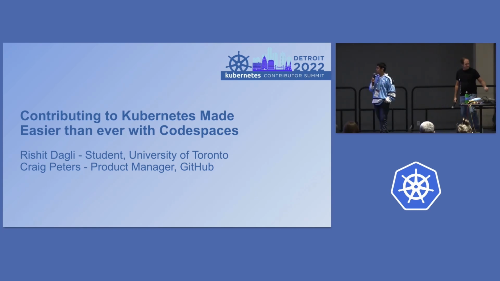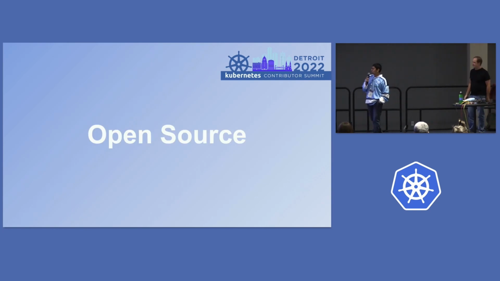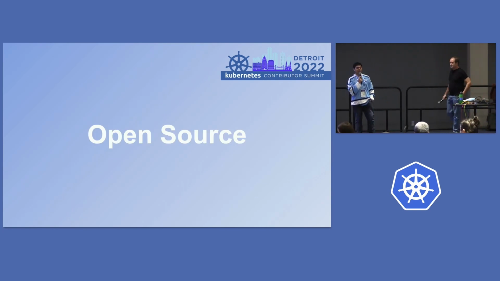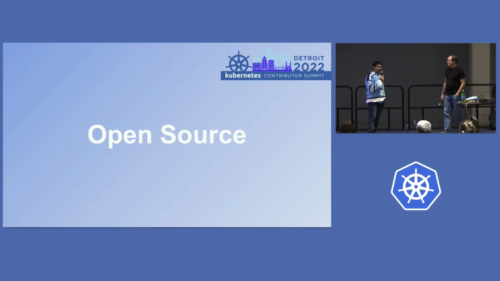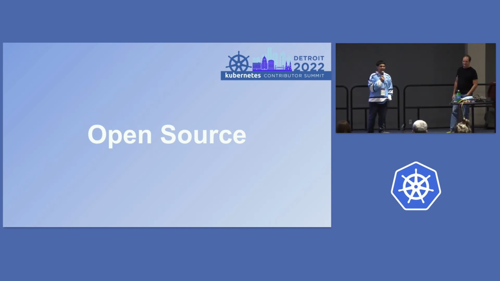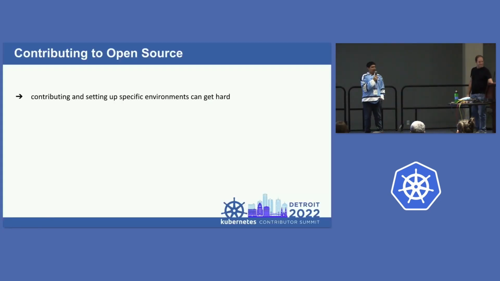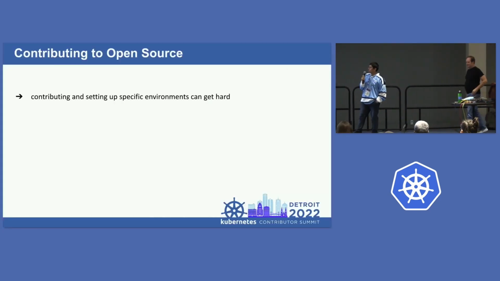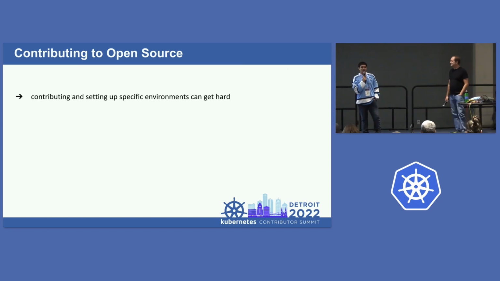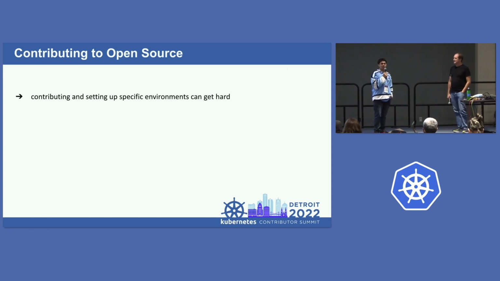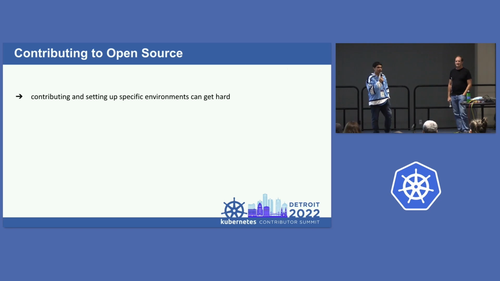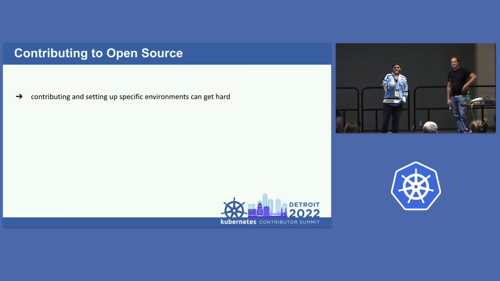Sure. So most of you have contributed to open source, which is fun. And we all share a common passion for open source, but has it always been easy? I'd like to ask for a show of hands. How many of you have set up an environment to contribute to a project? Probably everyone.